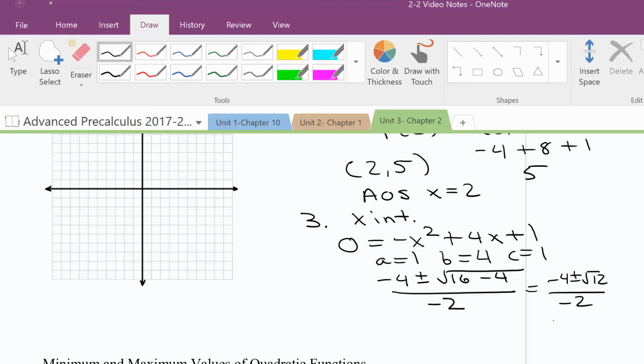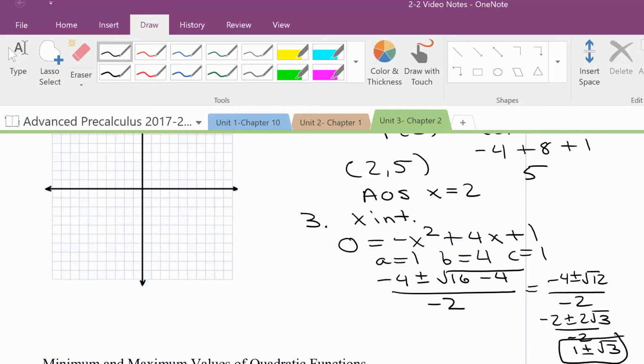So then we have negative 2 plus or minus 2 rad 3 over negative 2, which means that if we divide these by 2, we have negative 1 plus or minus, actually, sorry, because we have negative over negative, so we have 1 plus or minus rad 3.